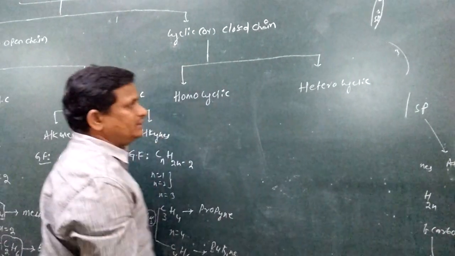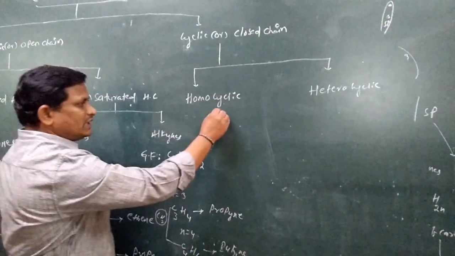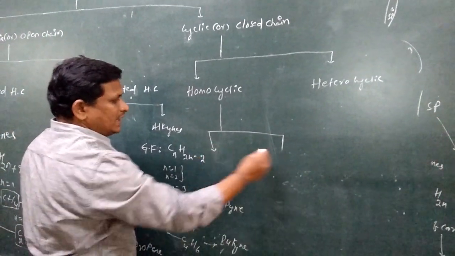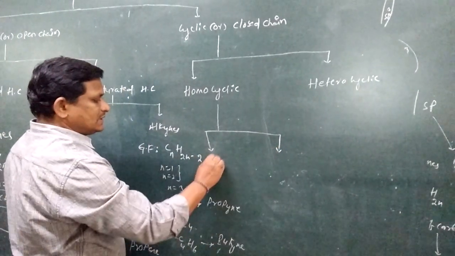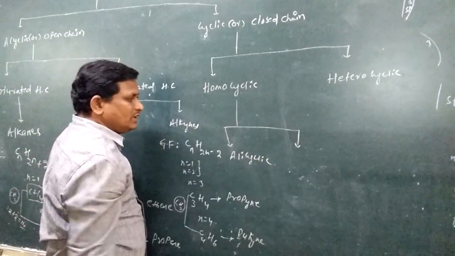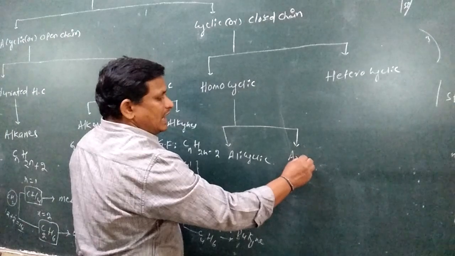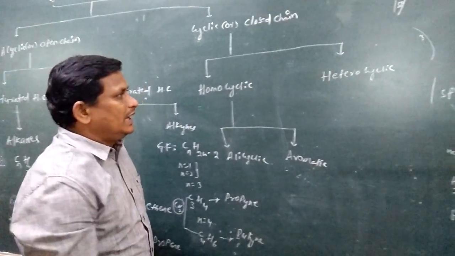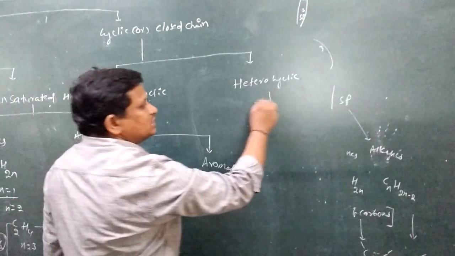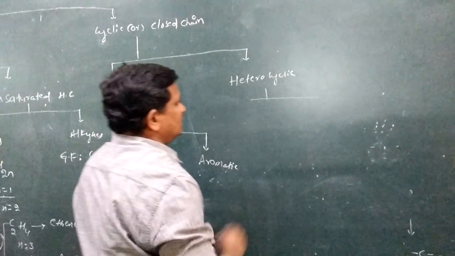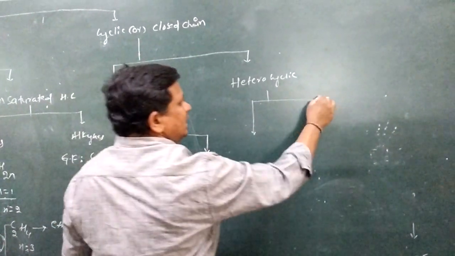Hetero means different. Homocyclic compounds are classified into two types: alicyclic compounds and aromatic compounds. Heterocyclic compounds are also classified into two types.